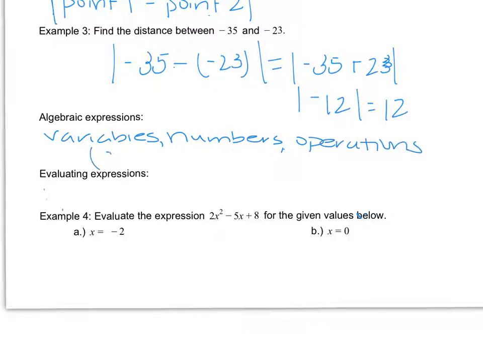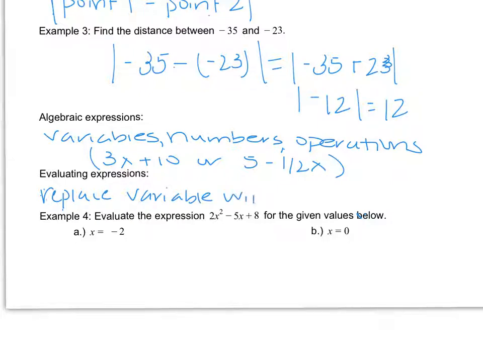So maybe things like 3x plus 10, or 5 minus 1/2 x, things of that nature. If we want to evaluate an expression, we replace the variable with its value and simplify.